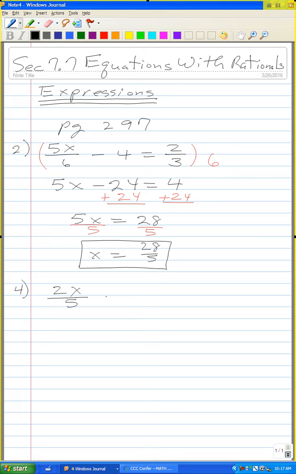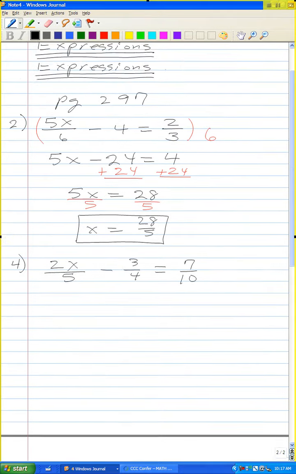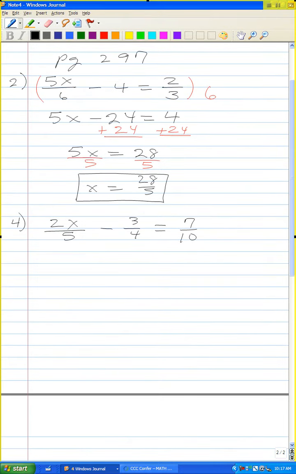2x over 5 minus 3 over 4 equals 7 over 10. And so I want to look for a common denominator. I have 5, 4, 10, so the least common denominator in this particular case is 20.